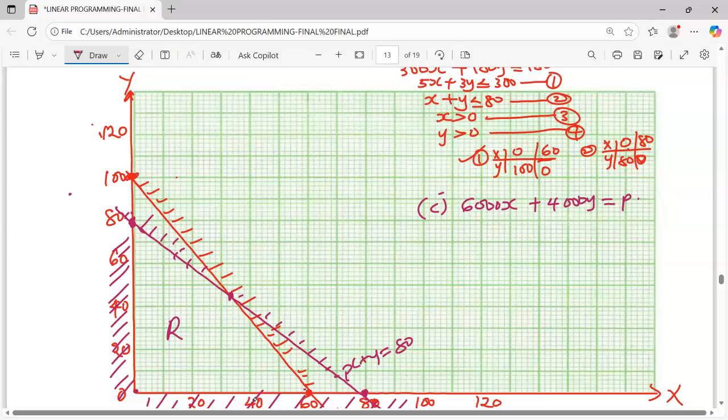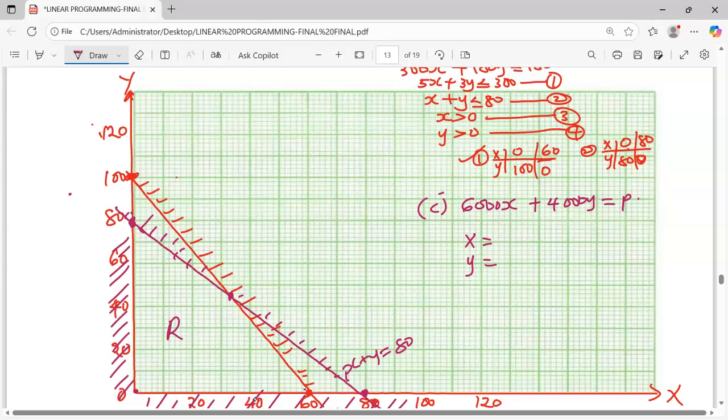But the one that is going to give us the maximum will be at this point, where we are going to have the value of y at this point and also x down here.